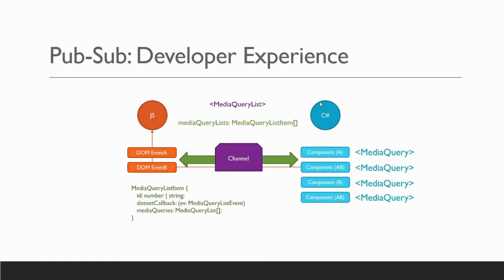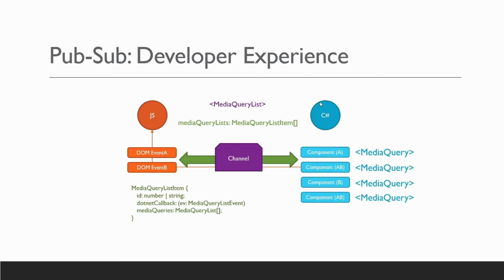Now, the developer experience for this, if handled the right way, can be pretty elegant. I use this in my media query library, Blazor size. So in Blazor size, a media query list component is added to the application. That media query list component handles the setup for this publish and subscribe behavior in the library.